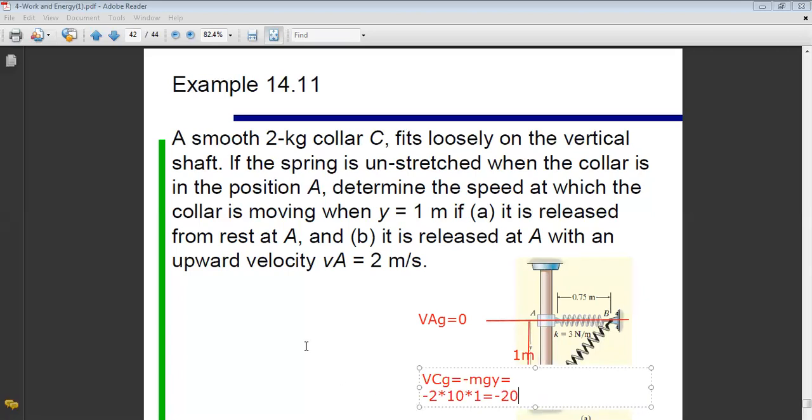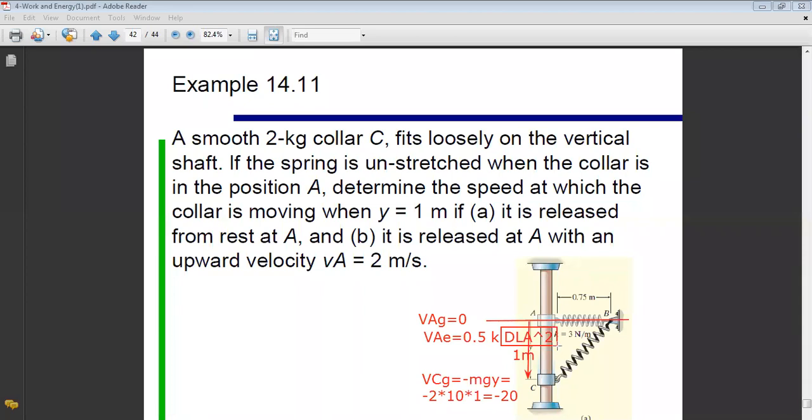Now we still have to find the elastic energy at A and C. You have VA elastic. You know that the elastic potential is simply half K delta L squared. But from the given, they said that at the initial position the spring is unstretched. So delta L at A is 0 at the initial state.